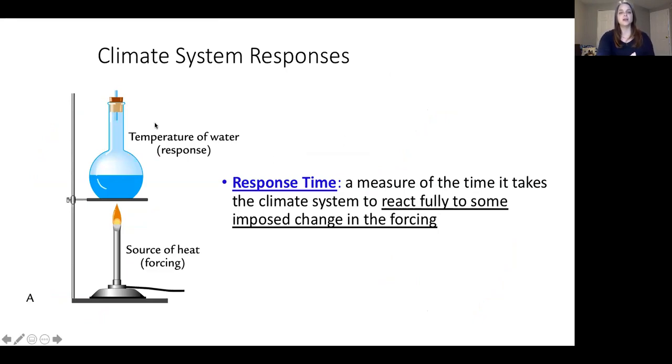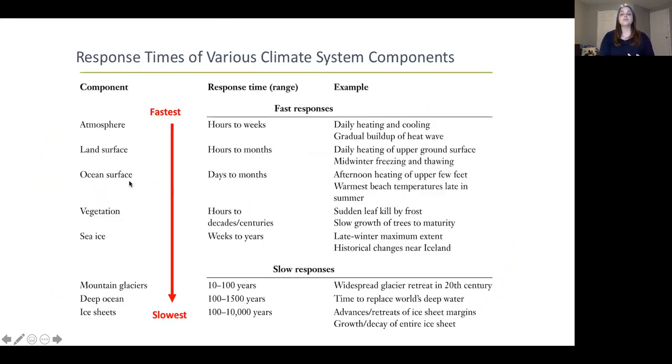In our diagram here, we can think about that forcing being the Bunsen burner and the response being the temperature of water in this beaker. The response time for various components of the climate system varies from hours to weeks for the atmosphere, the fastest responding climate system, to things like the ice sheets and deep oceans that can take hundreds to tens of thousands of years to respond.